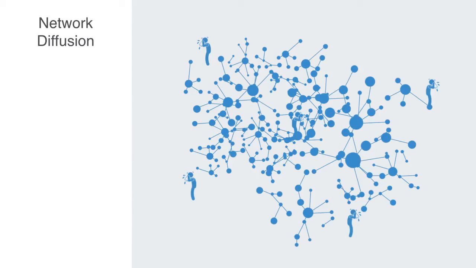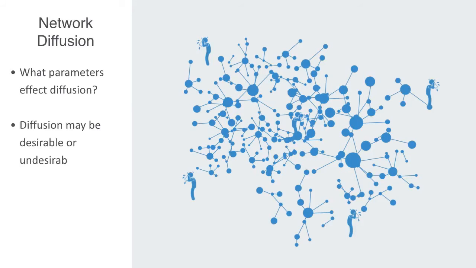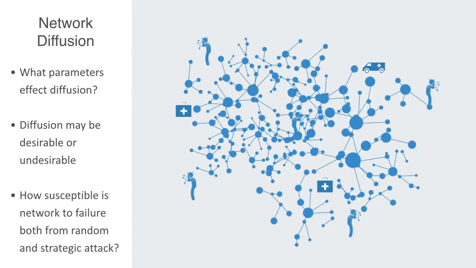We'll also be interested in how changing a given parameter will affect this. There will be times when diffusion is a positive thing and times when it is not. In such circumstances, we'll be talking about how to contain it to prevent disaster spreading. And this will lead us naturally to a discussion on network robustness and fragility. How susceptible is our network to failure, both from random and strategic attack?